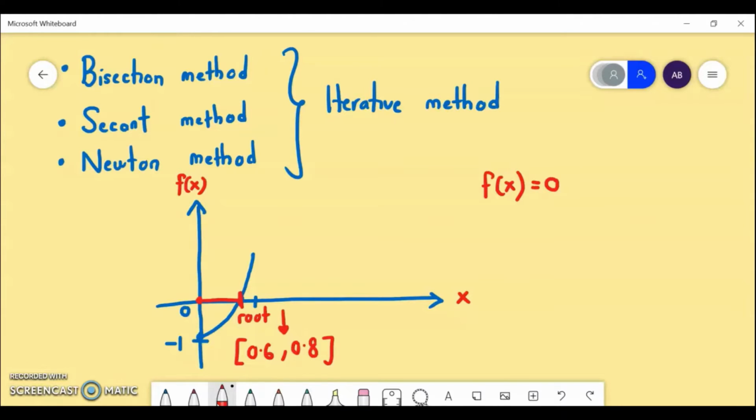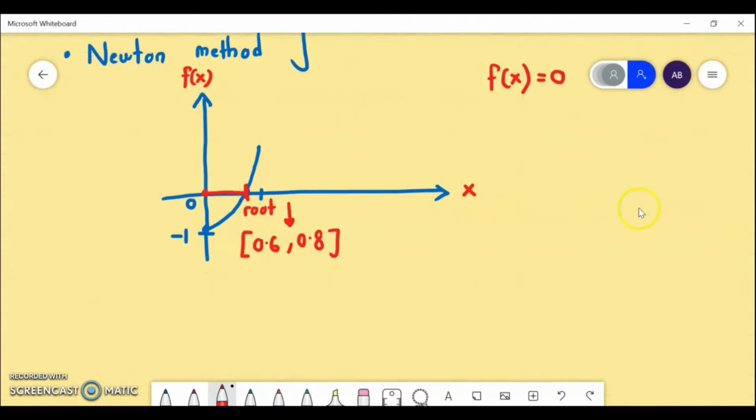To do that, we can use the bisection method. The bisection method uses something called bracketing, where it will start. I'm going to give you the idea first, and then we're going to use Scilab to do this.